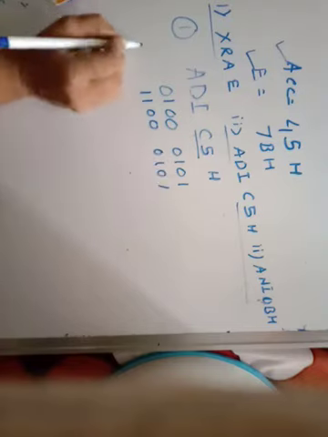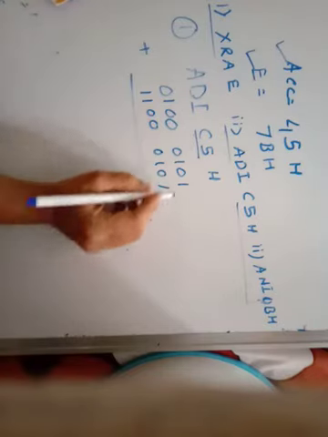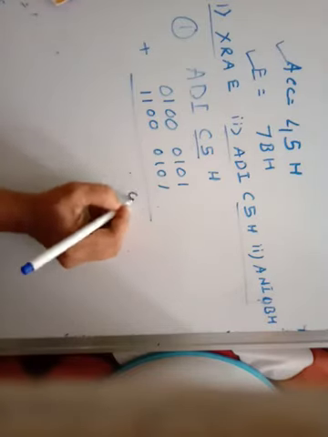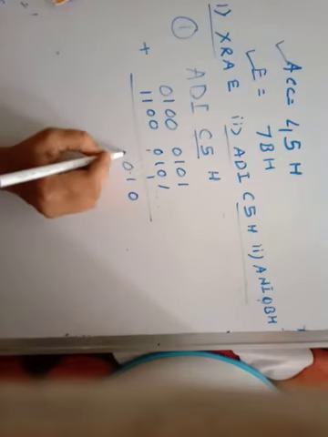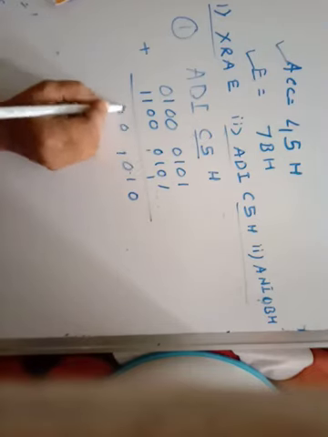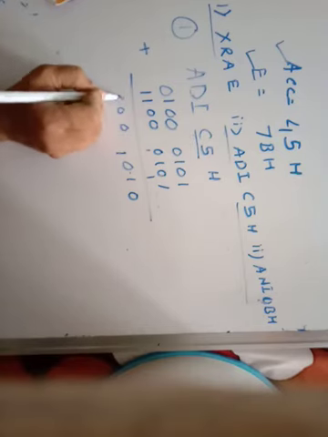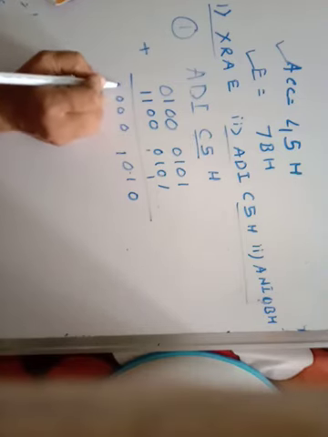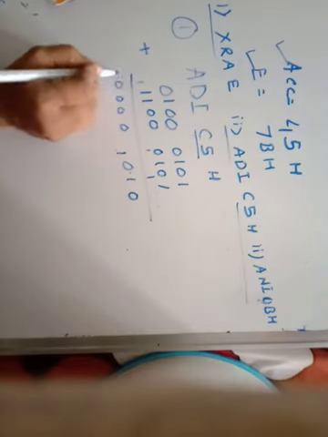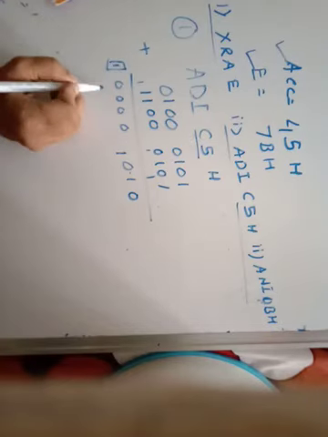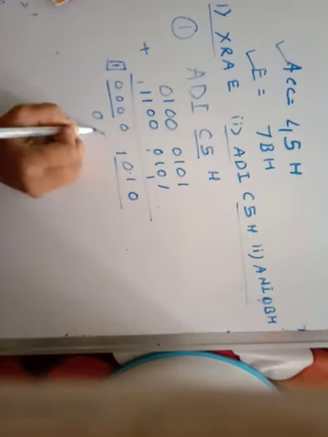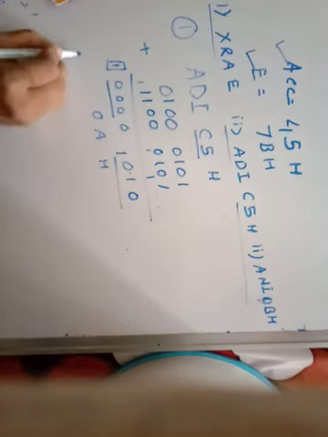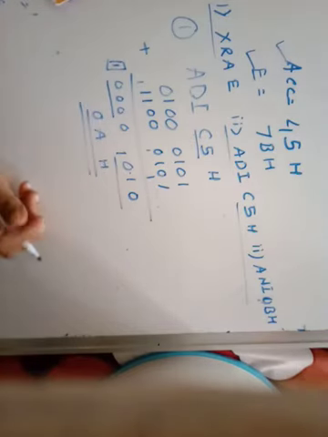So perform the addition: 1 plus 1, here 0, again 1, again 1 plus 1 is 0, and so on, and the carry is 1. So your answer is 0AH. So this is your final answer.